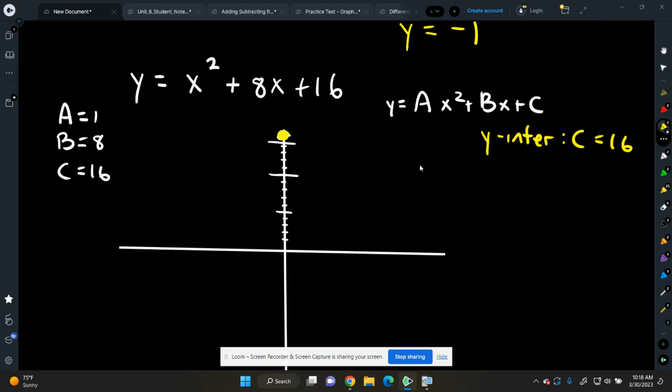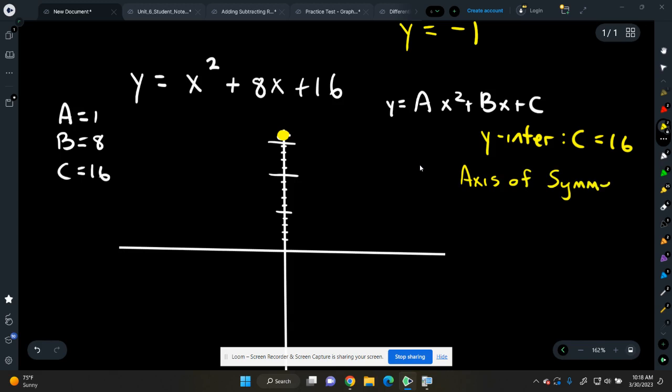Okay. The next thing we have to find is the axis of symmetry. Okay, the axis of symmetry. We use the formula x equals negative b over 2a.